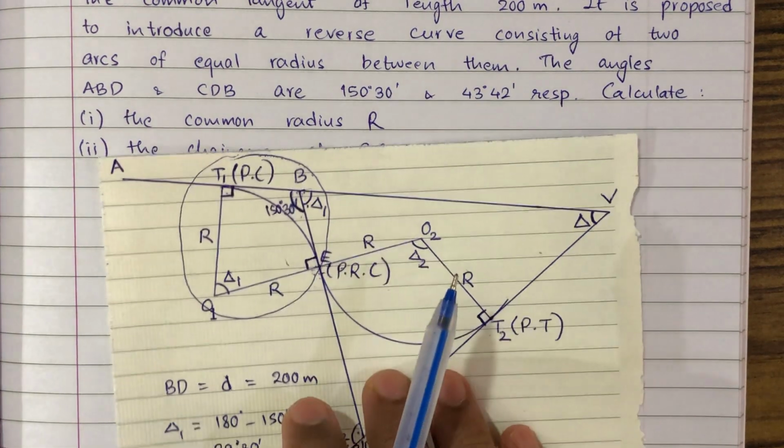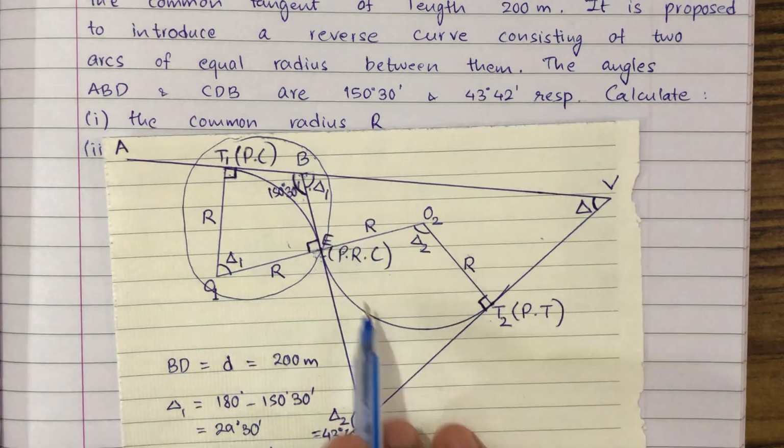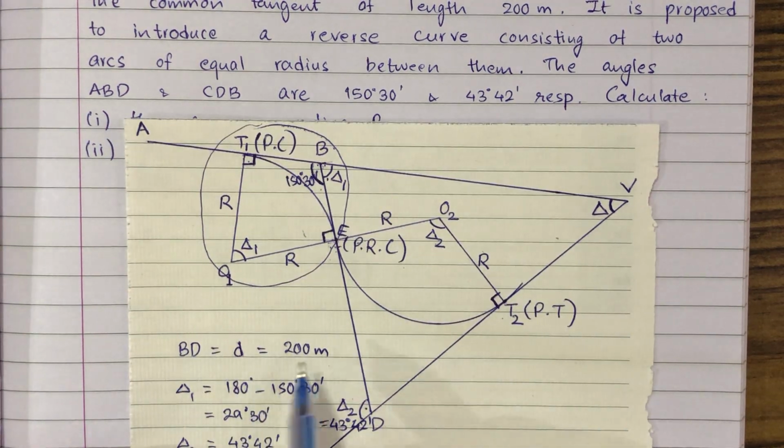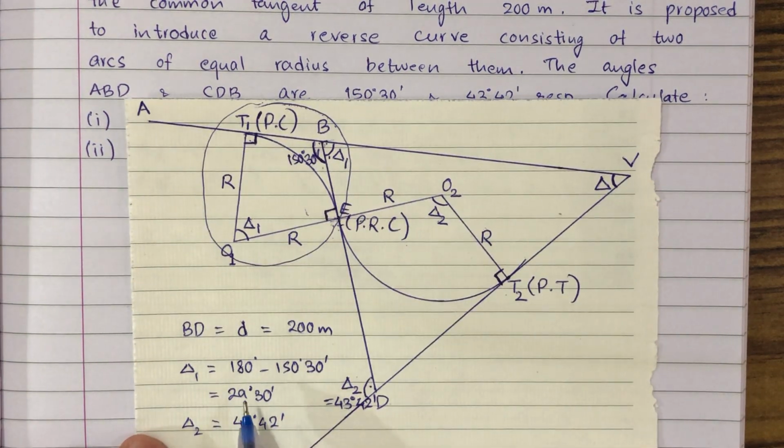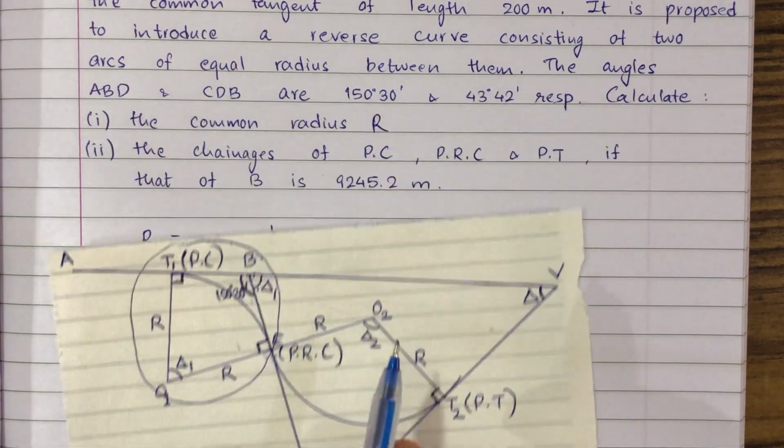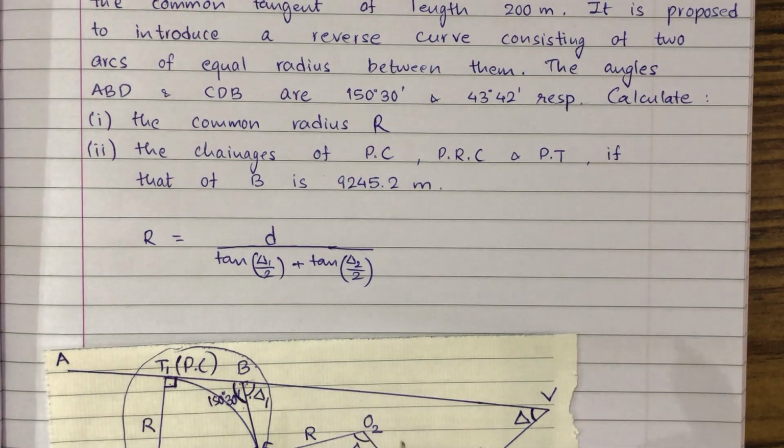Now d is this common tangent, that is BD. It is denoted as d and is given as 200. Delta 1 is also given and delta 2 is also given. So we can substitute these values and get the common radius.